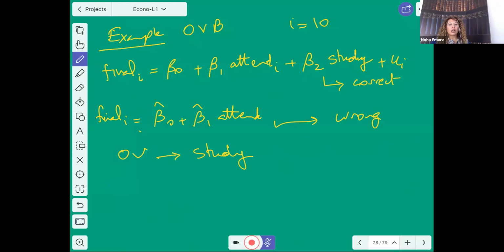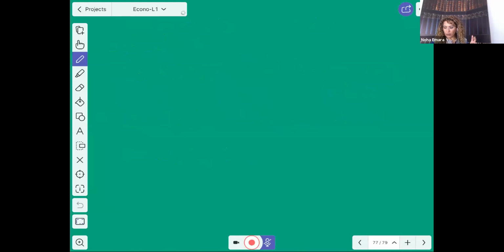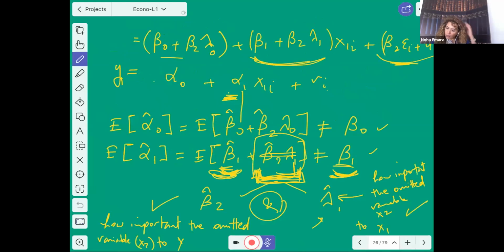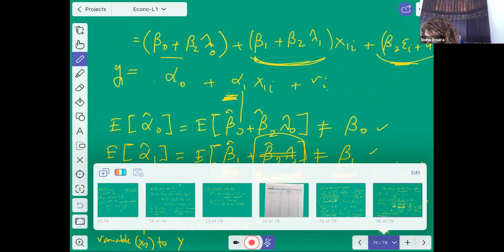Now, in order to determine the bias, I have to decide on these two things, right?